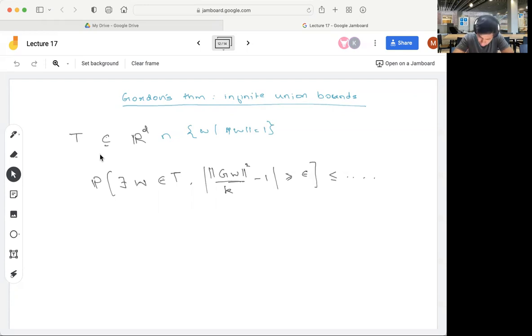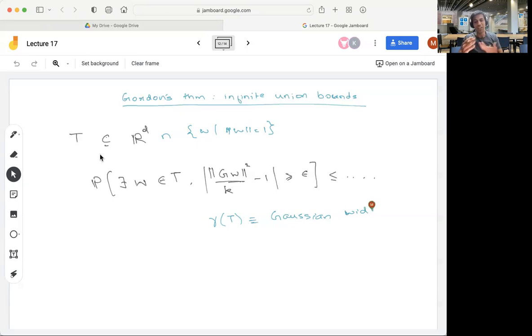But if you know more about this set of vectors that you're talking about, you can get much better bounds. In particular, you can get bounds if you know other properties of this set, something which is called the Gaussian complexity or the Gaussian width of this set.